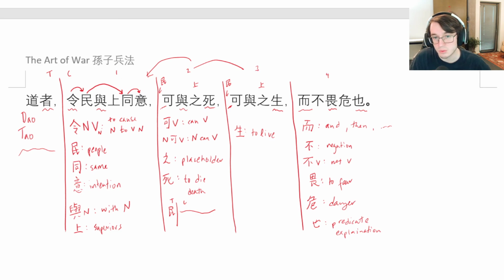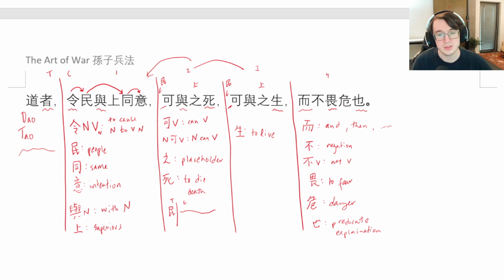Because all of this is referring back to Tao. It's just within that we have some deeper structure that we had to break down. But it's also kind of explaining that, okay, we have the 畏 causing the people to unite in their intention with the leader. Why do we care about that? Because it then causes the people to be willing to live or die and disregard danger in support of their leader. But yeah, so that's the first term that we're going to be covering.